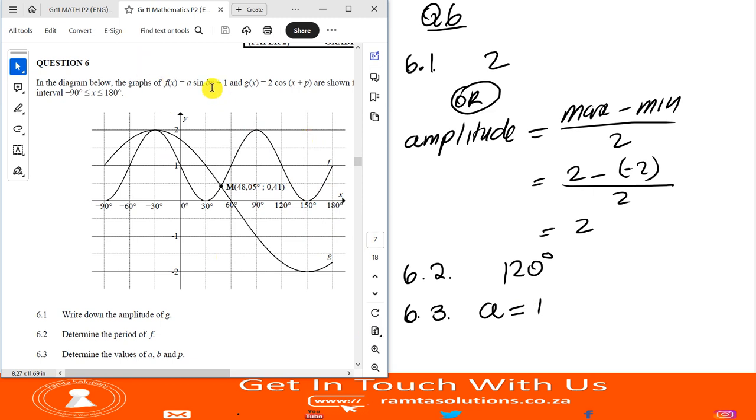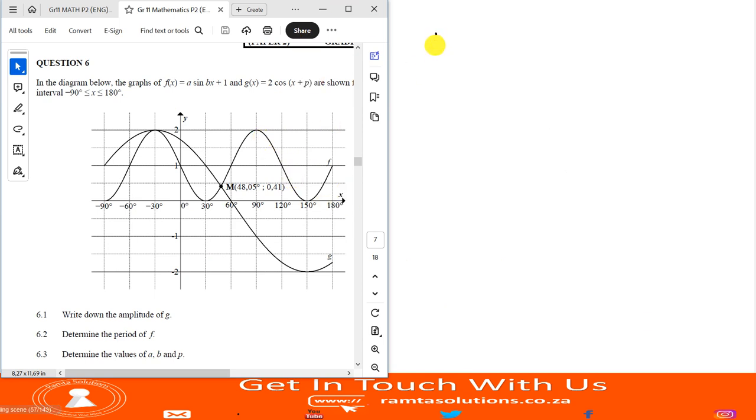To get the value of B, we do know that period is equal to 360 degrees over B. When we refer to sine, this is referring to sine and cosine graphs, right? So the period we found was 120 degrees, which is equal to 360 degrees over B. So this implies B is 360 degrees divided by 120.